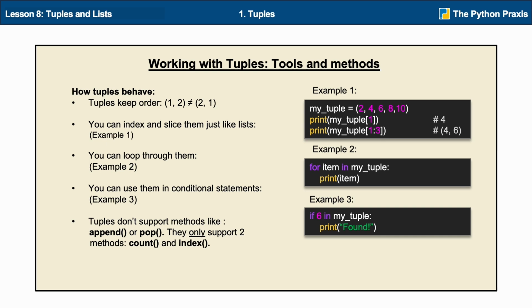In example 2 we have, for item in my tuple, print item. Here the for loop will print every item in my tuple. In example 3 we have a conditional, if 6 in my tuple, print found. This code checks whether number 6 exists in my tuple, and if this is true, prints the message, found.